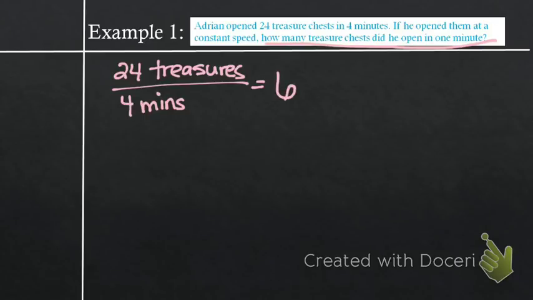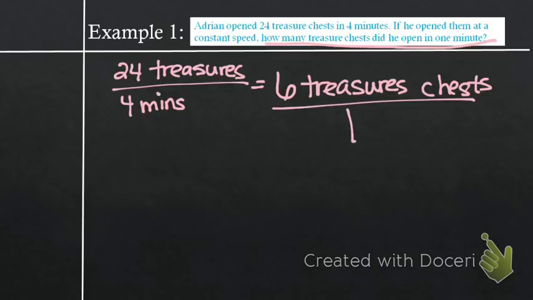So we know Adrian can open 6 treasure chests in 1 minute. Our goal with unit rate is to get it down to 1 minute, or to 1.